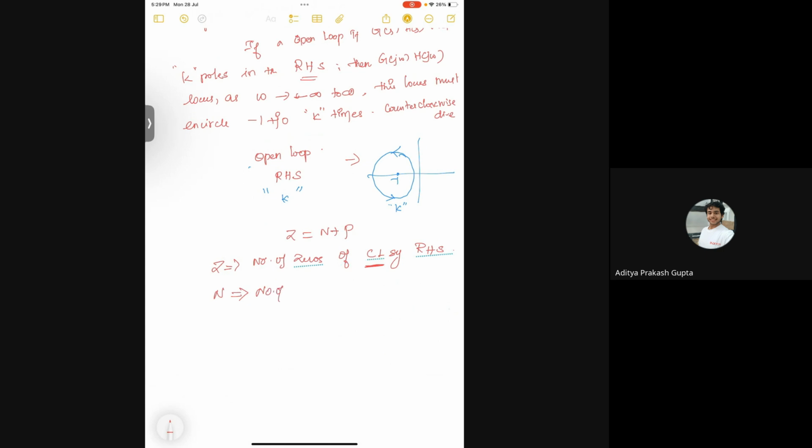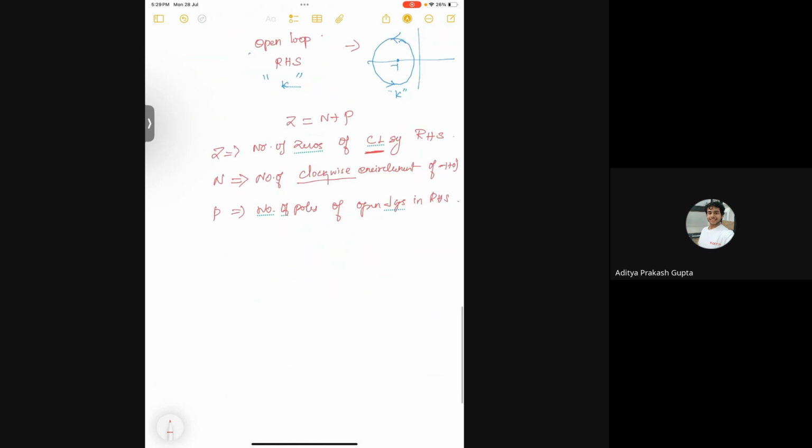N is the number of clockwise encirclements of -1 + 0j. This is clockwise. And P is the number of poles of the open loop system in the right half of the S plane, right?